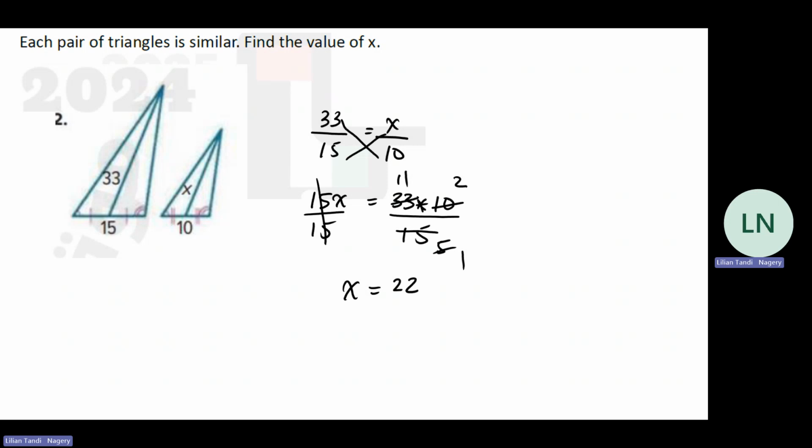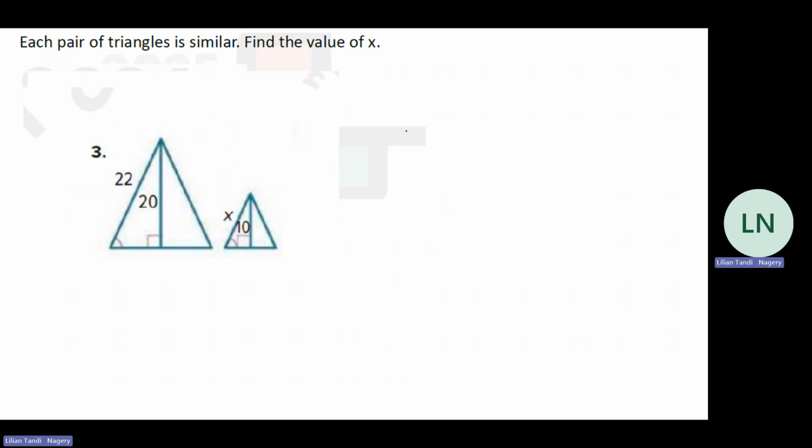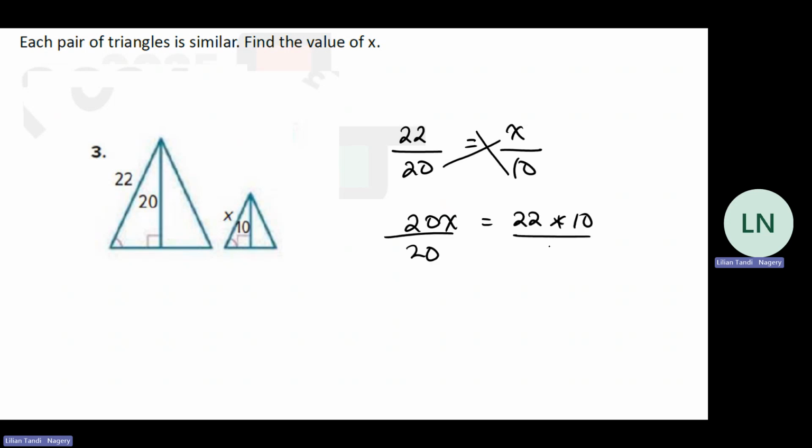Okay? All right, let's do the next question. We box our answer. The question wanted x, so I know I've answered the question. All right, so here we'll do 22 over 20 equals x over 10, butterfly method. 20x equals 22 times 10, divide by 20, divide by 20. 0 cancels with 0, 2 goes here once, 2 goes here 11.